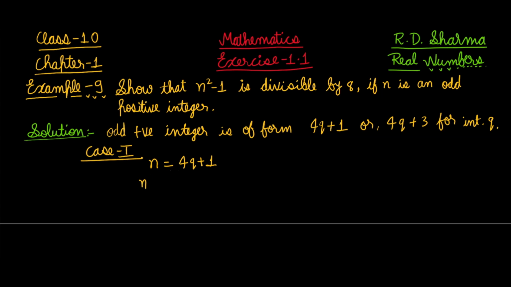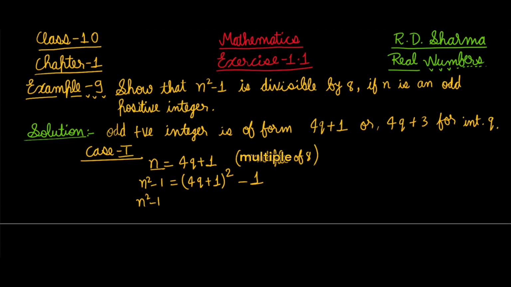So we will take n square minus 1 is equal to (4q plus 1) whole square minus 1, because we need to convert it into a multiple of 8. So we have taken the square of n and we have subtracted 1.